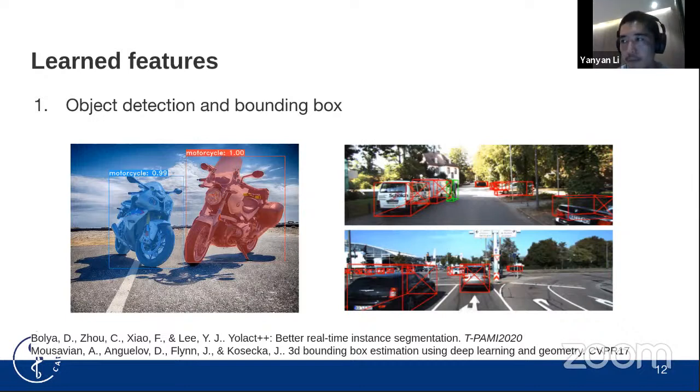Like Fusion++ or some other methods. Based on this semantic map, maybe robots can interact with environments more smartly. So it's also a very interesting direction.